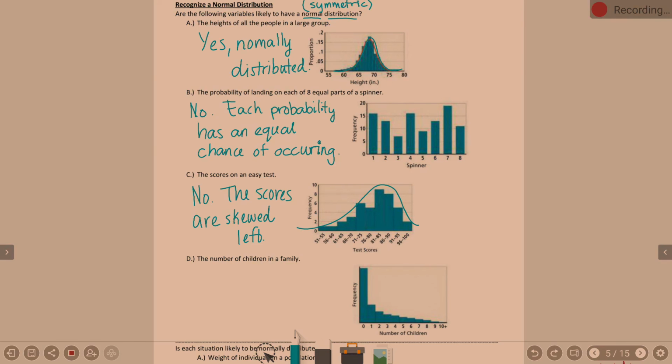What about the number of children in a family? Okay, skewed right, because what's most likely to happen? Lesser amounts of children: 0 children, 1 child, 2 children, 3 children, 4 children. How often do you see 10 children?